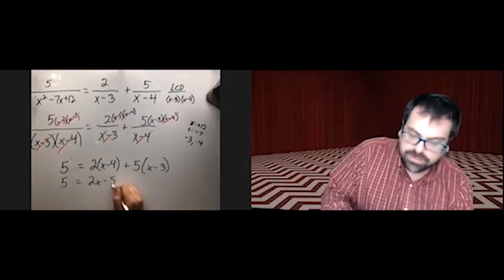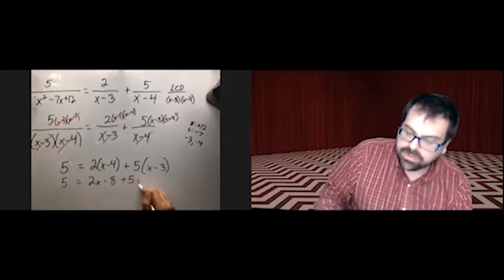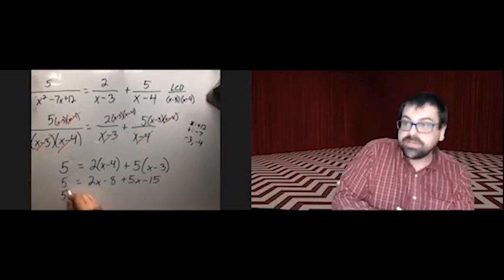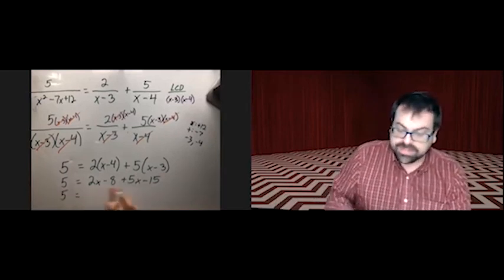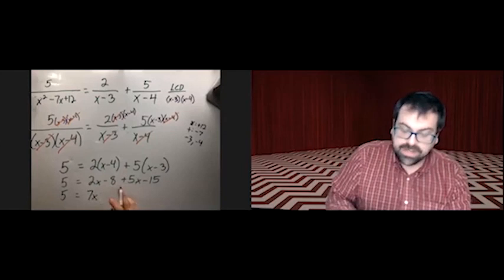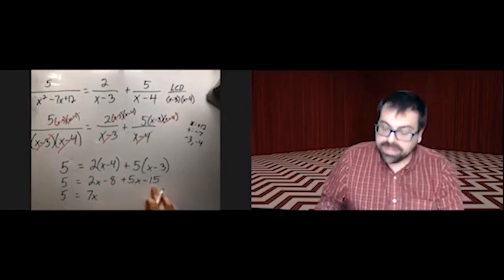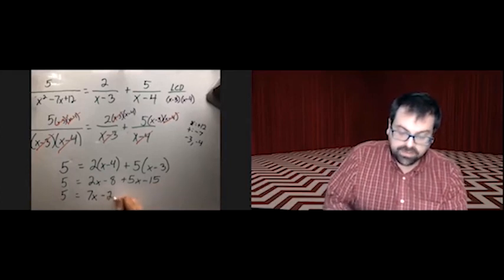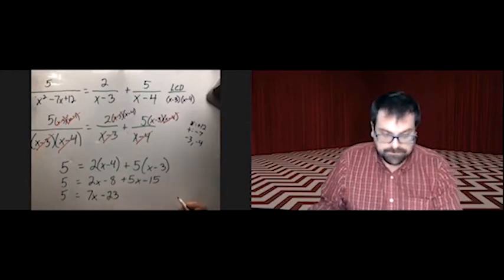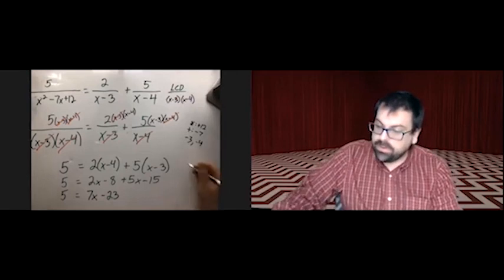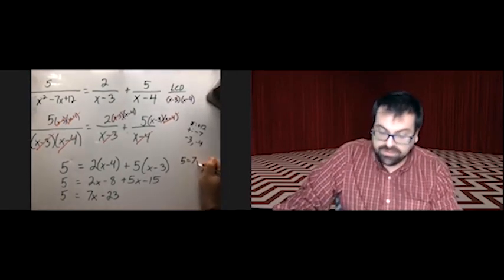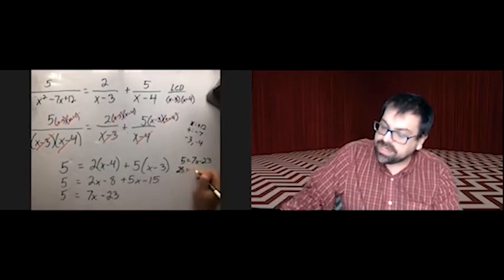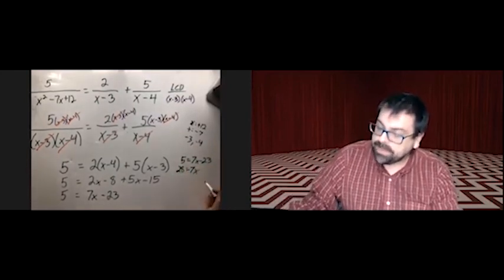Distribute, distribute. Combine like terms. 2x plus 5x is 7x. Negative 8 minus 15, it's minus 23. From 5 equals 7x minus 23, we add 23 to both sides. 28 equals 7x.